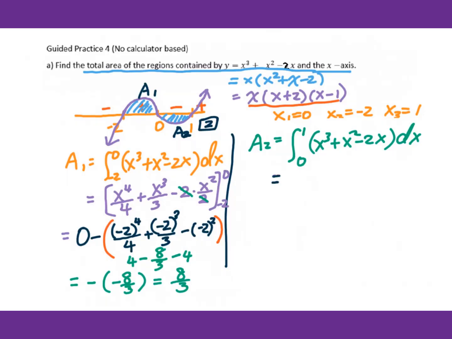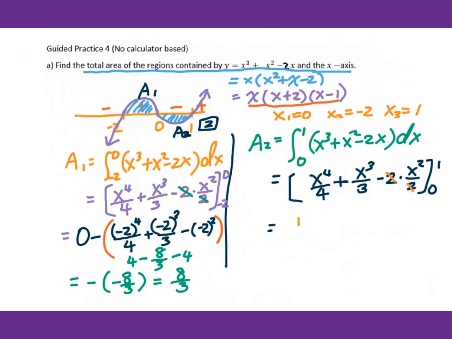We do the same thing. So you get x to the fourth power over 4 plus x third power over 3 minus 2 times x squared over 2. Then from 0 to 1. We just need to plug in 1 into this function, because if you plug in 0, it's still 0.